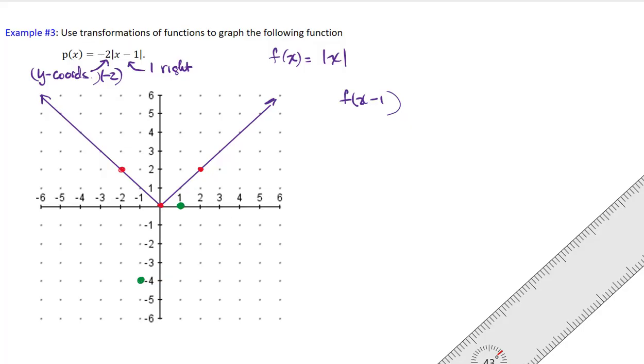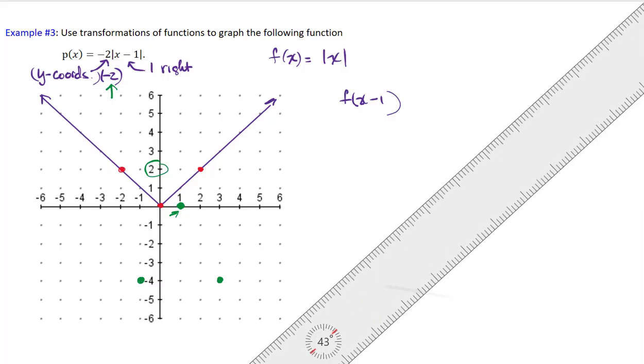And now our third point, shift 1 unit to the right, take the y value there, which is a 2, times it by -2. So that becomes -4, which means the third point is now located at 3, -4. And remember, this was the vertex point that was transformed.